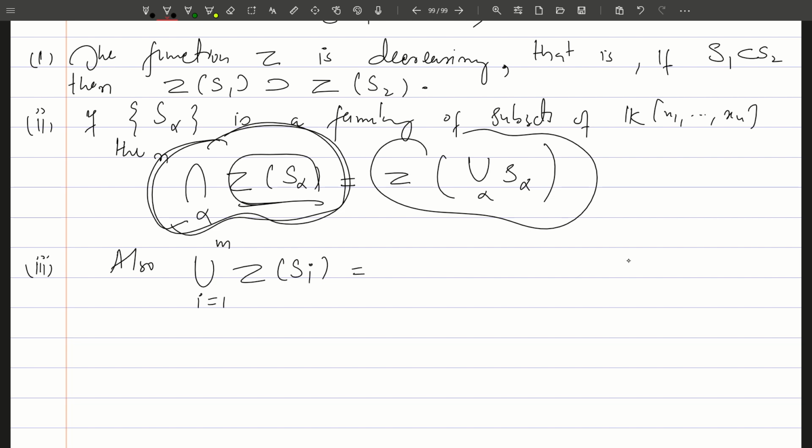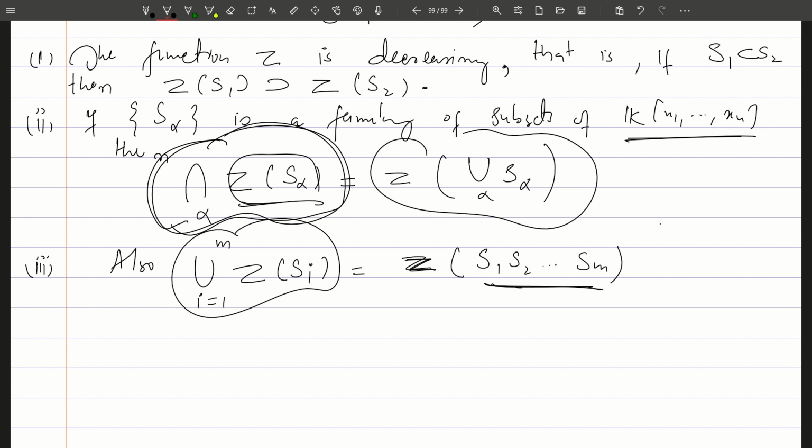For this is equal to the zero set of the product of sets S1 S2 through Sm. Now since this is a subset of the polynomial ring, the zero set of this set will be an algebraic set. So this implies this is an algebraic set.